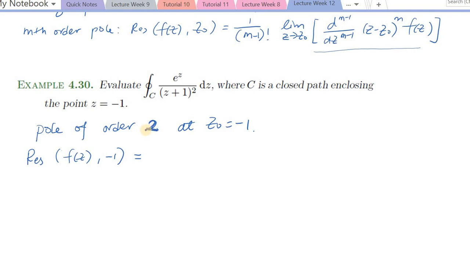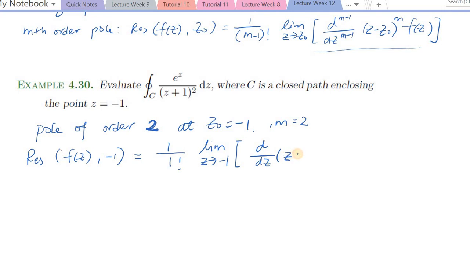So what we need to do is use the formula with 1 over (m minus 1) factorial. Your m is equal to 2, so 2 minus 1 gives 1 factorial, which is 1. Then z approaches negative 1, and you differentiate up to how many times? m minus 1, so 2 minus 1, you just differentiate one time.